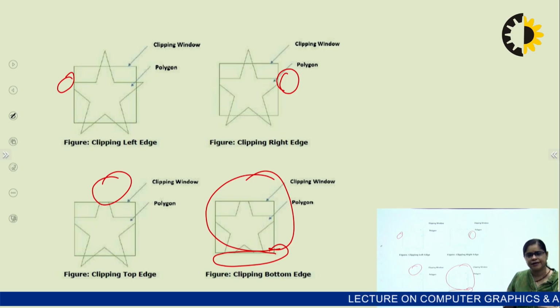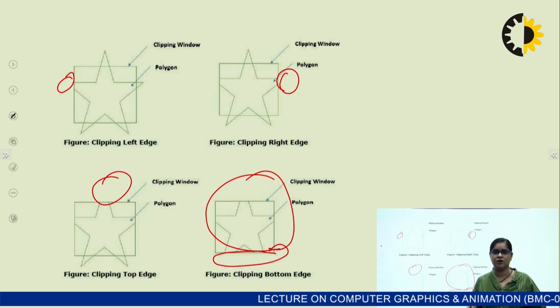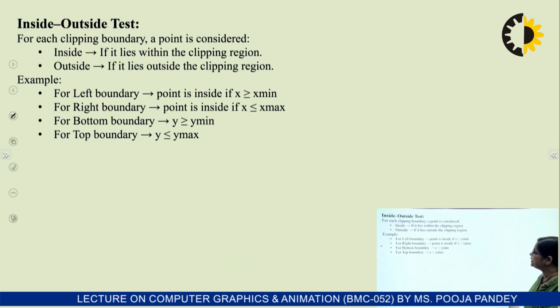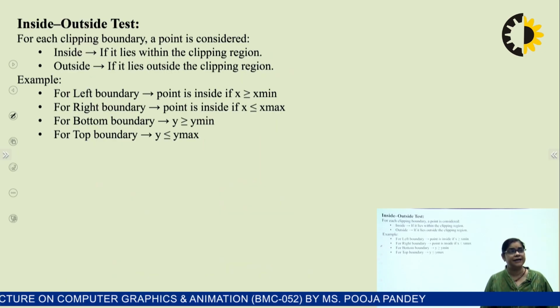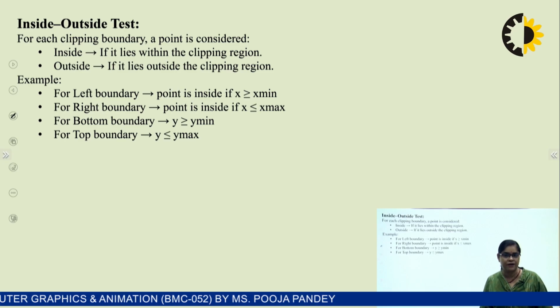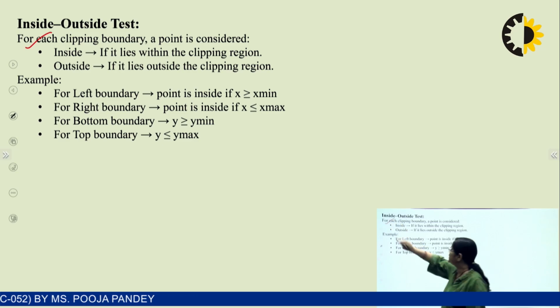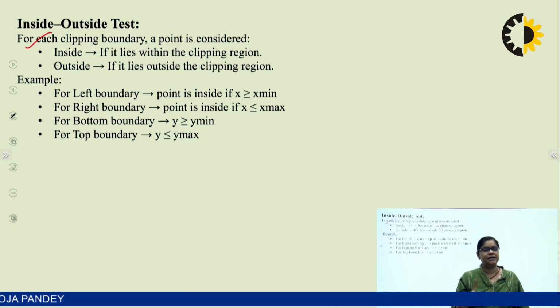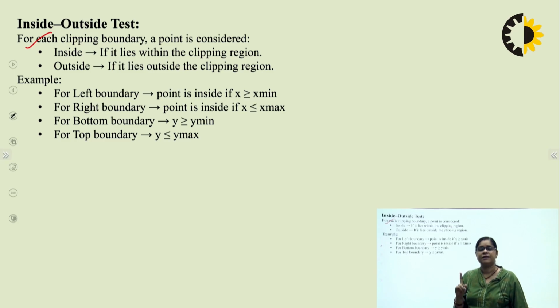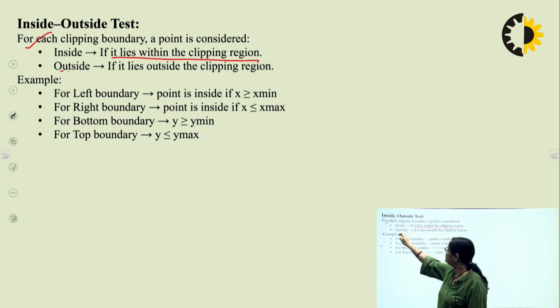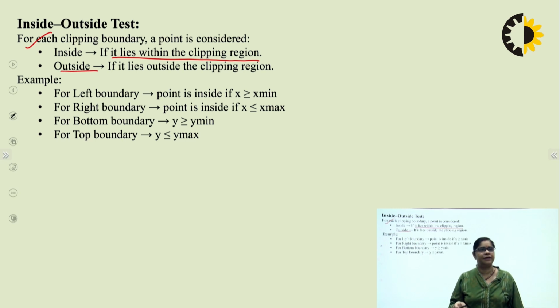But there are certain points we need to discuss about this algorithm in detail. First is the inside-outside test. For each clipping boundary, a point is considered inside if it lies within the clipping region, and outside if it lies outside the clipping region.